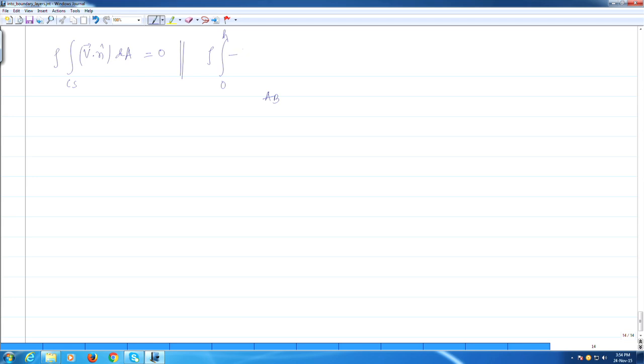Minus, since V dot n is minus, and B dy, plus rho 0 to H Uy into B dy. This is again for CD, and this whole thing is equal to 0.